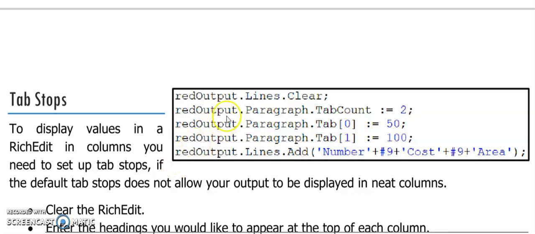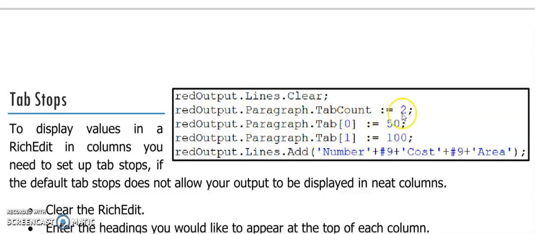First of all, the setting up of tab stops has to follow the dot clear if there is one, as your dot clear is also going to clear your setting up of your tab stop. The next line here, richedit.paragraph.tabcount, is indicating to us how many tabs we would need.